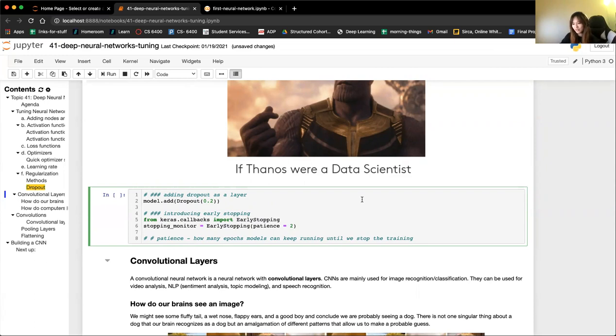For example, if you're running 100 epochs and your validation metric gets worse for 2 epochs consecutively, it'll just stop your neural network there, saying, all right, this is the best that we have. So that's early stopping. You don't keep training your neural network after it has started to overfit. That could be something useful to add to a neural network as well.